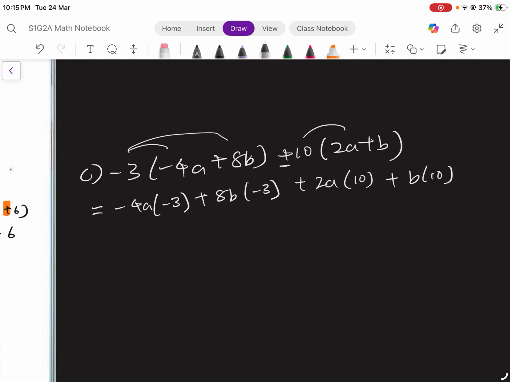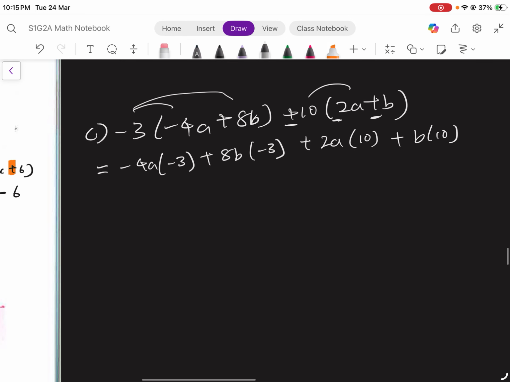Okay, so because of the plus, here's plus, no change in sign, so we just multiply accordingly. So minus plus, right, 12a. Okay, you don't have to write this if you are aware, I just write it so that you know.